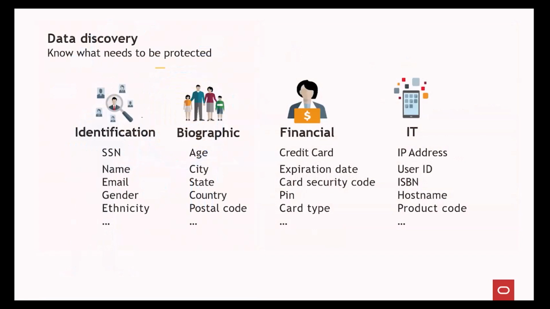You can identify various categories of information, including PII, biographic, financial, and IT. It offers you over 30 built-in and predefined sensitive data types in the library. So users can directly choose the sensitive type in the library in order to define the kind of sensitive data that they are looking for.